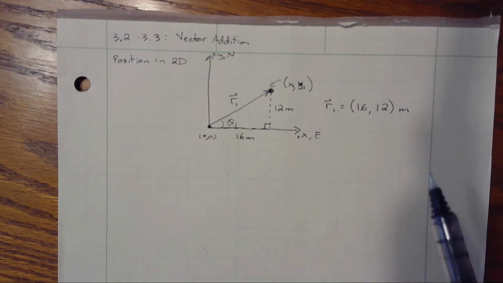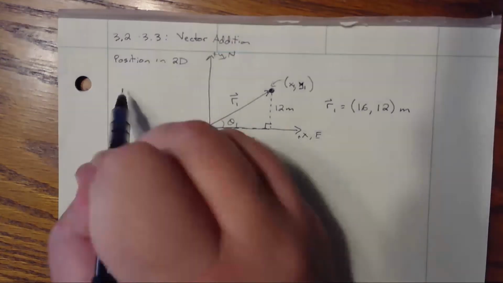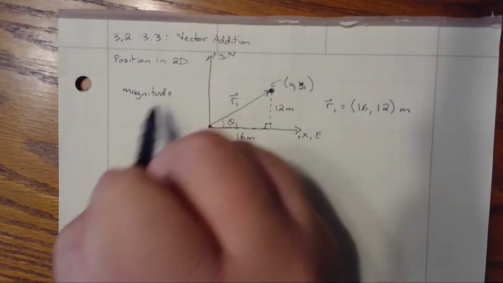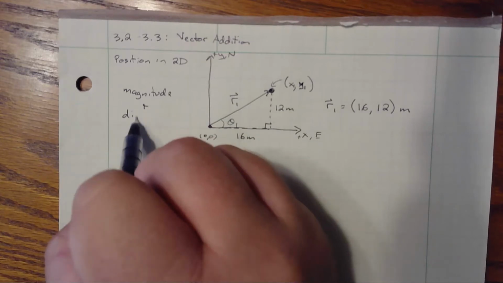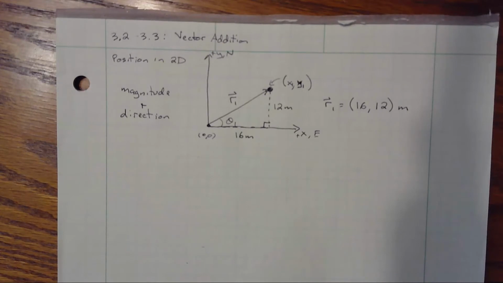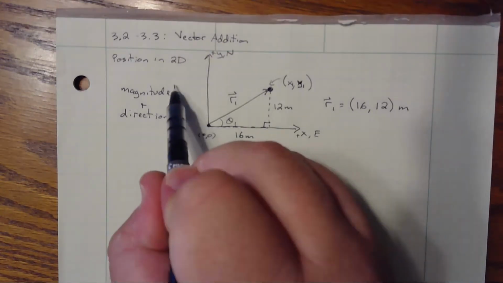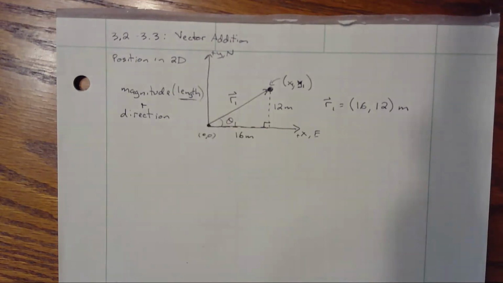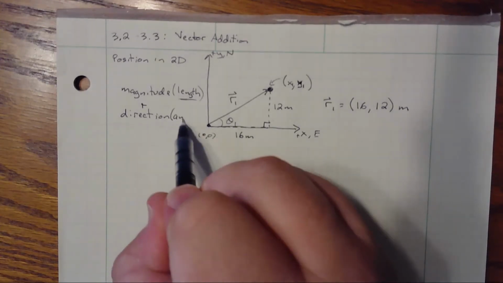Now, the other way I can do it is with a measure of its magnitude and its direction. So that's the other way. That's how we defined a vector in the first place. A vector is something that has a magnitude and a direction. So when we're talking about this picture of a vector as an arrow, then the magnitude is going to be the length of that vector, and the direction is going to be an angle.